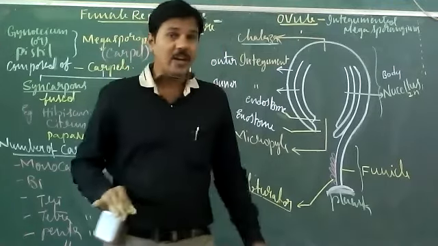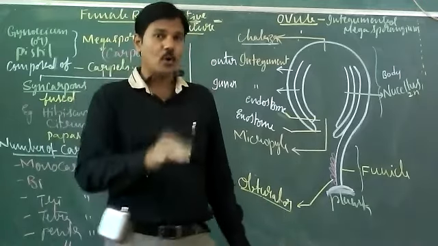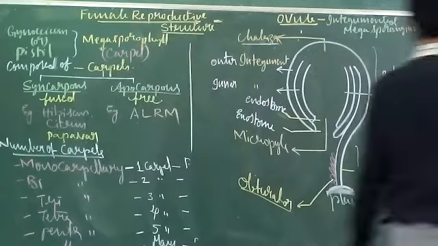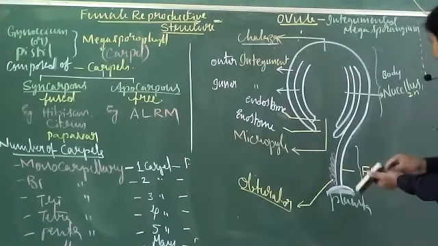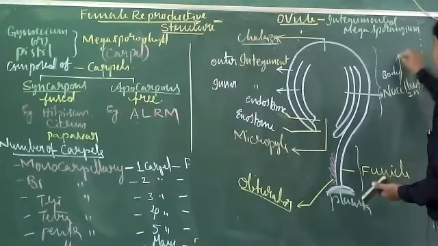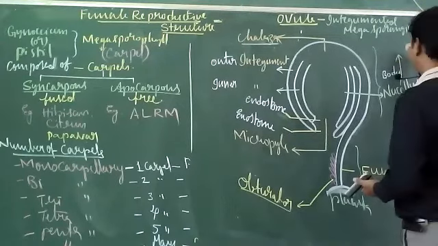Still we did not go to gametophyte. Still we are in the sporophytic tissues only. Nucellus. What is nucellus? Nucellus is just a megasporangium.